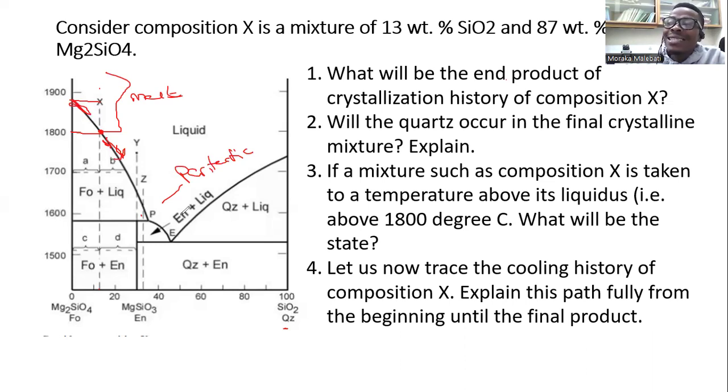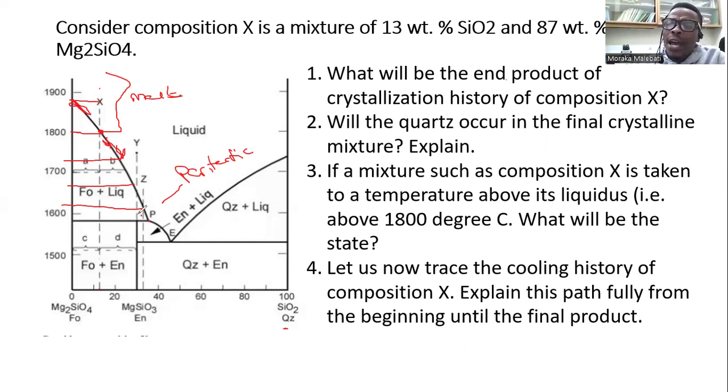So the liquid composition will change along the liquidus line towards the peritectic point. And the crystal forming from the liquid will always be pure forsterite, because even if we were somewhere here, the composition will just go here. If we are here, it will just be there. Do you see? It will always be pure forsterite until we reach this point, while the liquid composition changes along the liquidus line as we approach the peritectic.